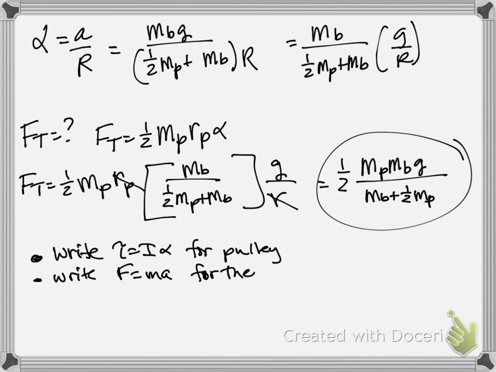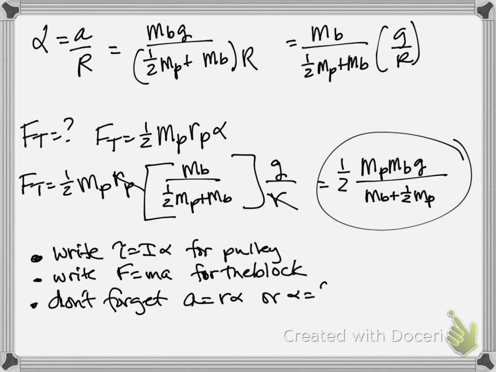Don't forget, A equals R alpha, or alpha equals A over R. You're going to have to use that somehow to bridge, using FT. That's the general idea for these. We did problems very similar to this back in Unit 4. We've just got stuff that's spinning. So it's tough, but you guys are tougher. You can do this. We'll have some practice, and let me know when you have questions.